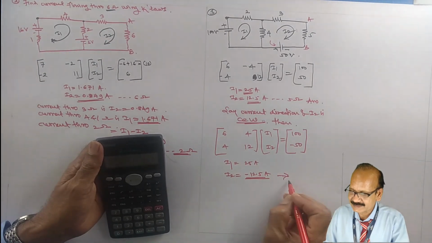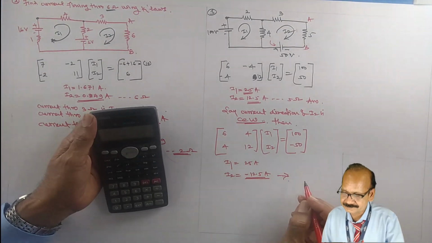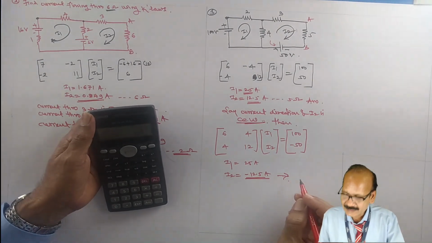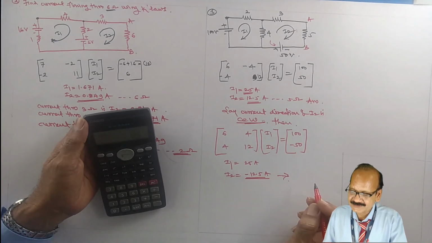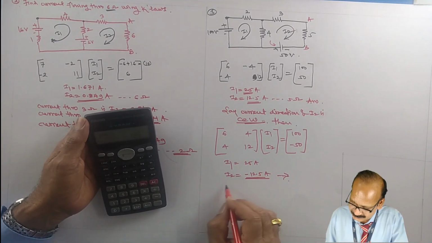Negative sign indicates that the assumed direction is not the correct one. The actual direction is opposite to that of the assumed one.